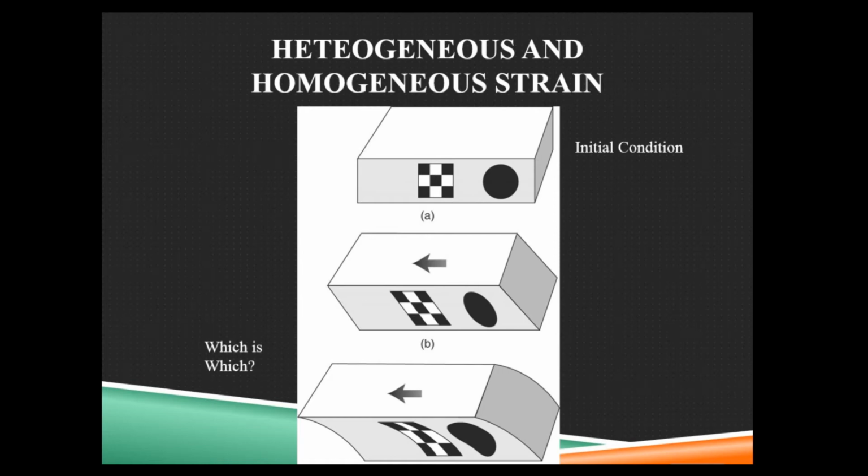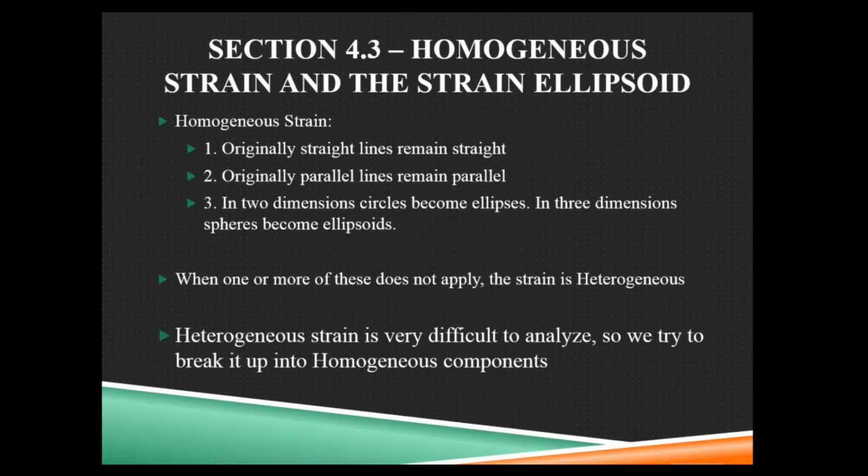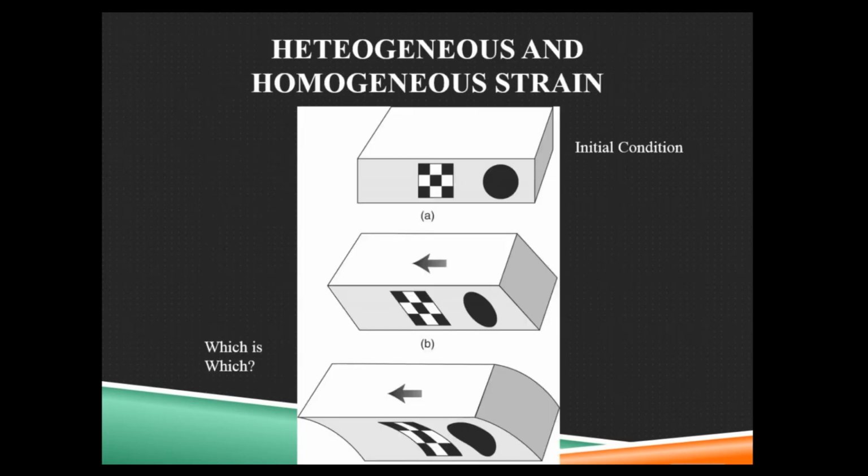It has undergone strain. But if we look in the checkerboard, the straight lines are still straight. The parallel lines are still parallel. So that's good. The circular object now is elliptical. That's good. We look back at our list here. It hits all 3 rules. Homogeneous strain in image B.